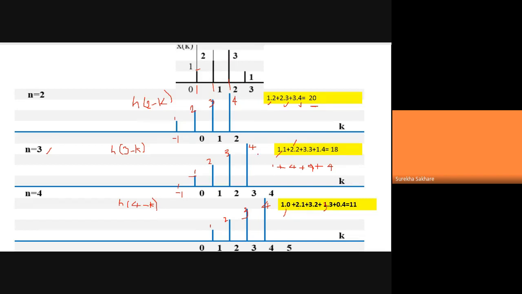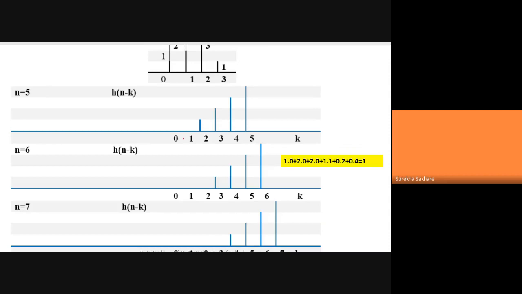At 3 I have 1 into 3. This is correct. Some overlapping concepts. At 3 it is 1 into 3. And at 4 I don't have any value, so 0 into 4 will be 0. So the whole addition gives you 0 plus 2 plus 6 plus 3. So I have 11. So this was for n equal to 4.